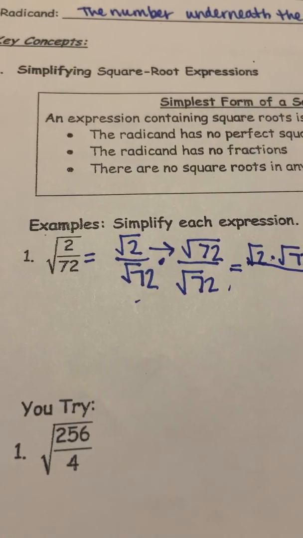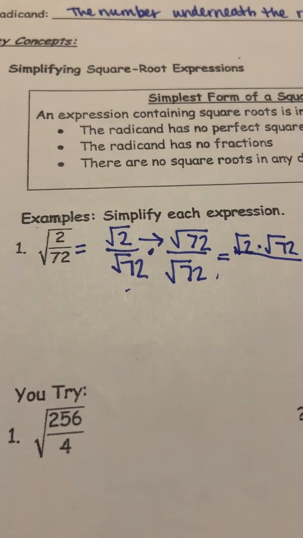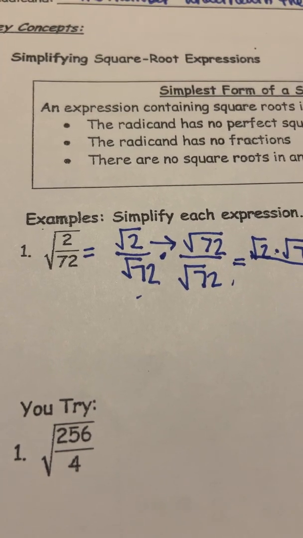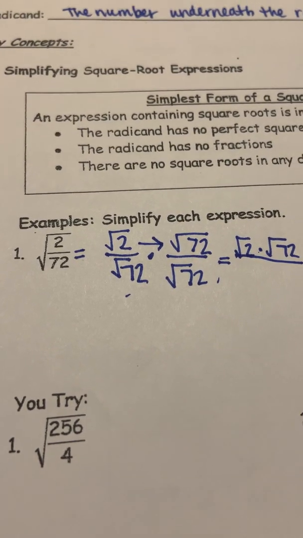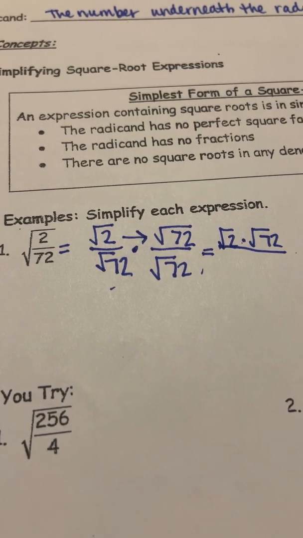Well, 72 times 72, if you wanted to do this, is a fairly large number. It's 5,184. If you don't want to take the square root of that number, I mean, you could if you wanted to.